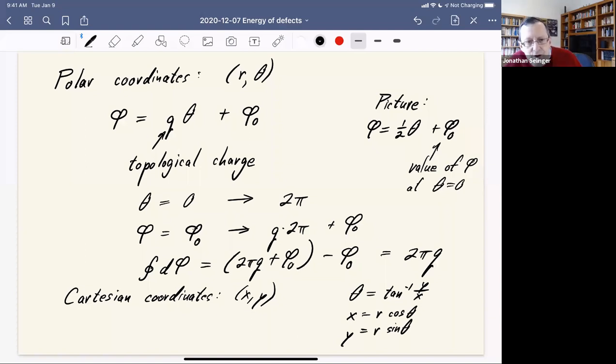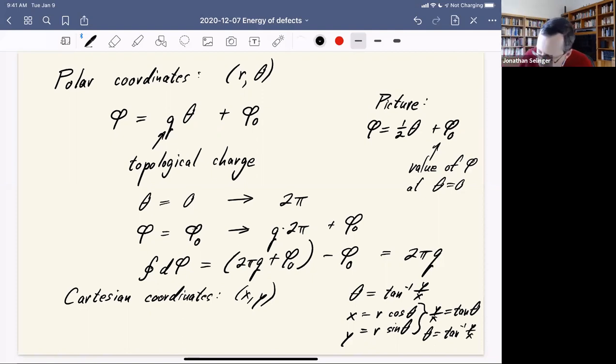Okay, so if you take the ratio of those two things, that means that y over x is equal to the tan of theta. So theta is the inverse tan of y over x.